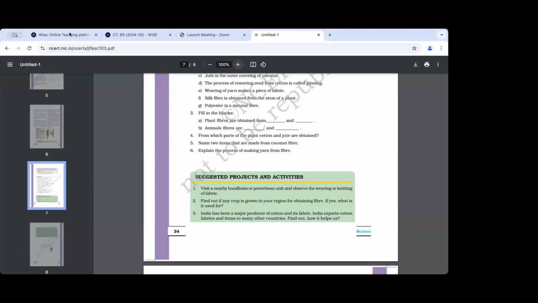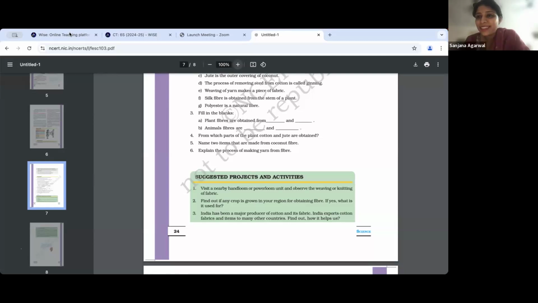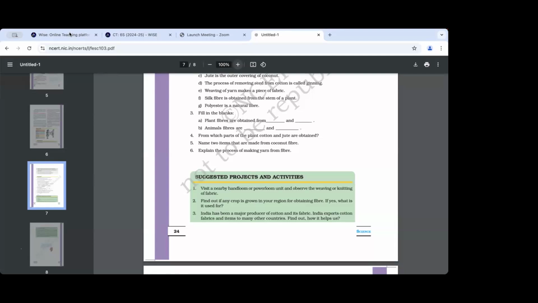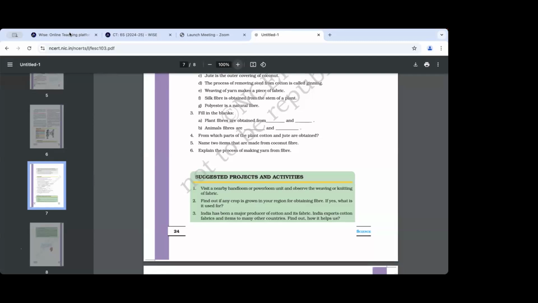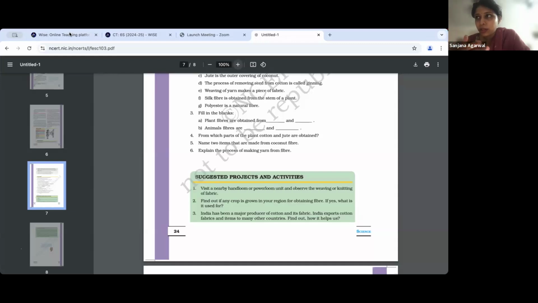Ma'am, it will get damaged. Ma'am, then the other yarns will also come out. Correct. Other pieces of yarn will also start separating, because pulling one yarn means the interlacing has become loose.